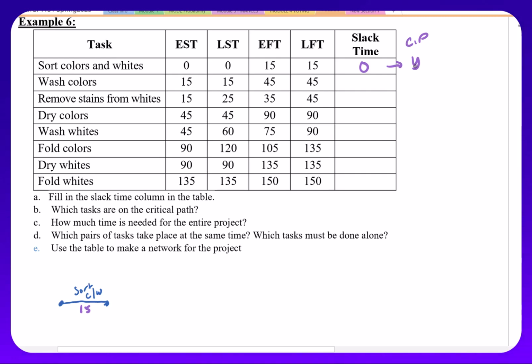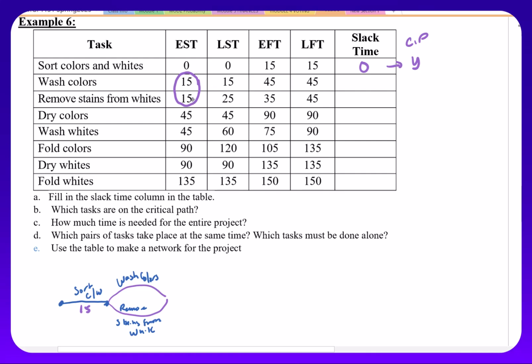My next steps, you notice that I have 2 different spots starting at the same time. That means those 2 tasks are going to be done at the same time. So I'm going to have 2 different tasks, one being washing the colors, and the other removing stains from the whites.